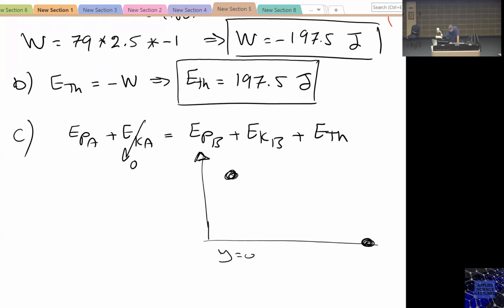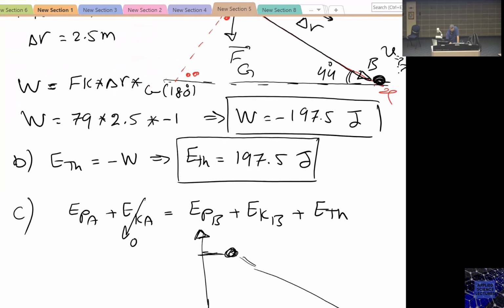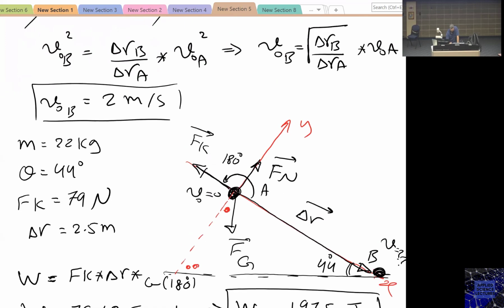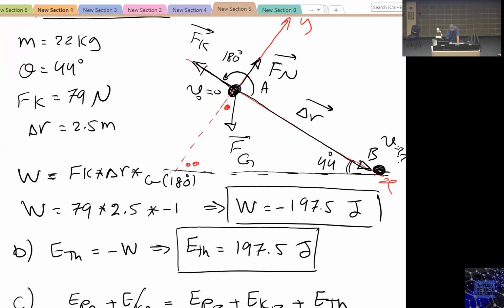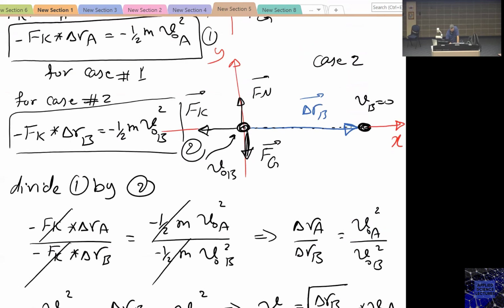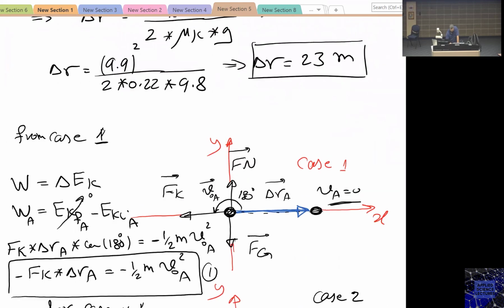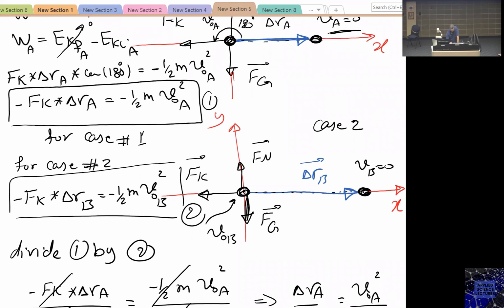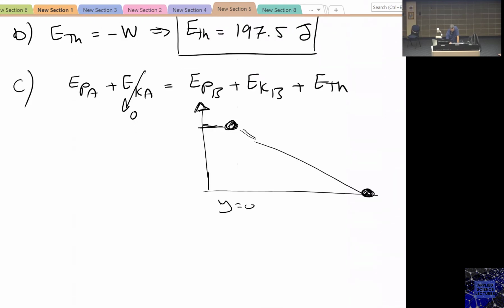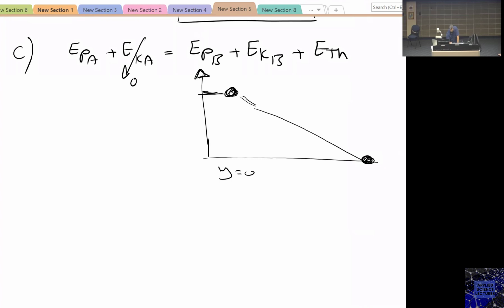And now the height here can be calculated from this triangle here. So this is the triangle. If I'm to draw the triangle, this is 44, right? And this is 2.5. So this is the opposite.